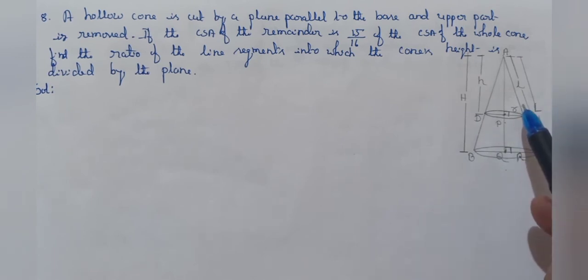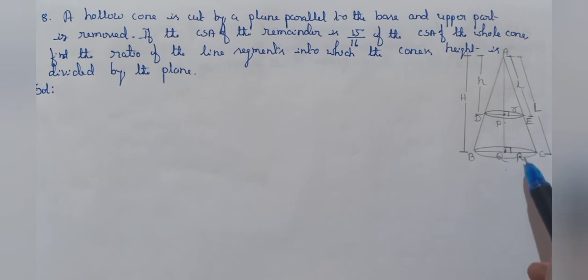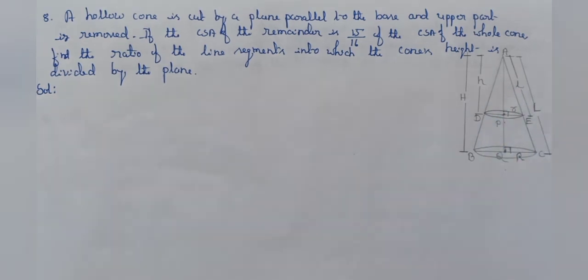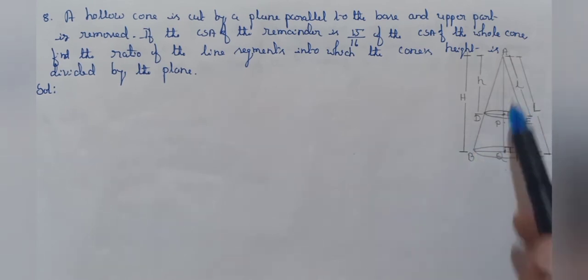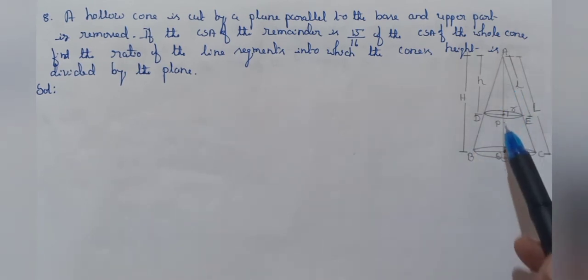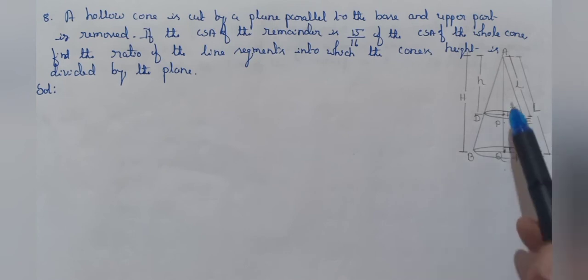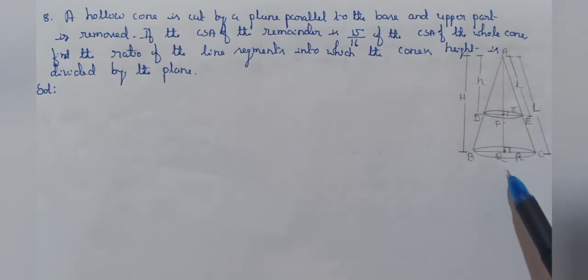The upper part is the smaller cone and the lower part is the frustum. The CSA of the frustum is 15 by 16th of the CSA of the cone ABC. The plane DE divides AQ into two parts, AP and PQ. You have to find out the ratio of AP and PQ.